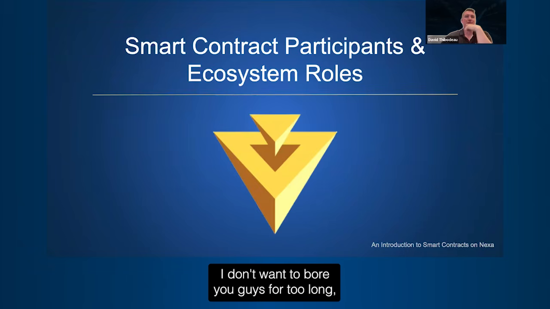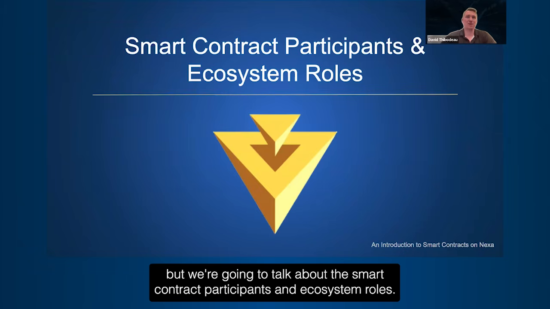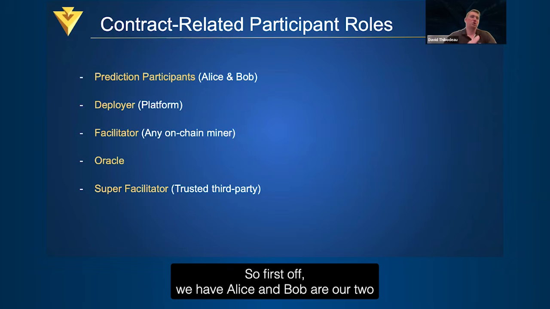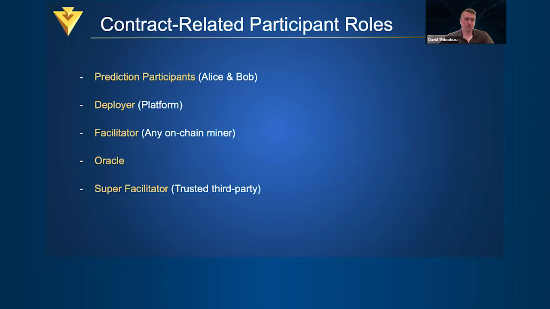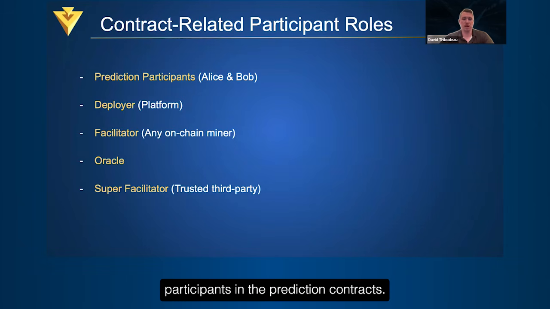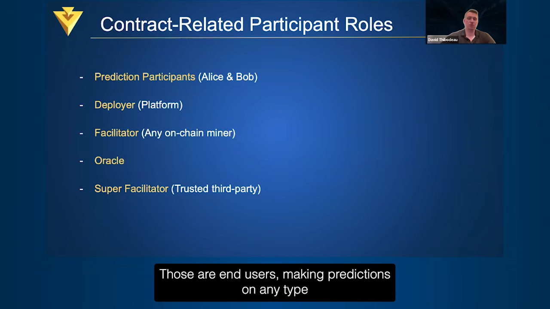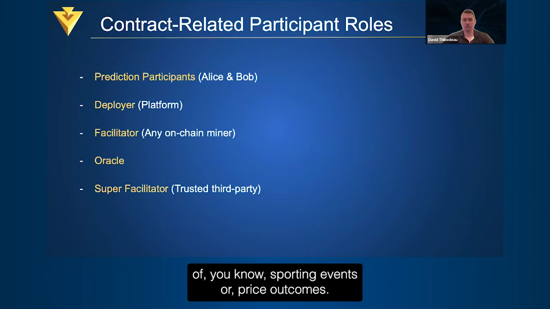I don't want to bore you guys for too long, but we're going to talk about the smart contract participants and ecosystem roles. So first off, we have Alice and Bob, our two participants in the prediction contracts. Those are end users making predictions on any type of sporting events or price outcomes.